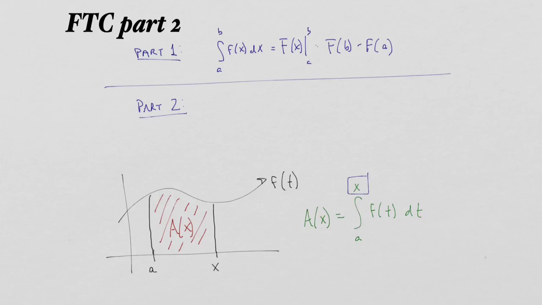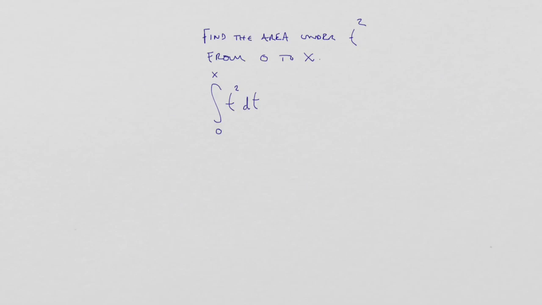So if I actually anti-differentiated f of t between a and x, my area function would be defined in terms of an x. What I mean by that is, if I gave you this question, find the area underneath t squared from 0 to x. First of all, notice that I've got a dt because my function is defined in terms of t.